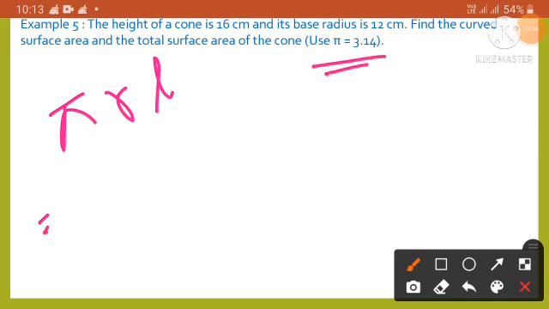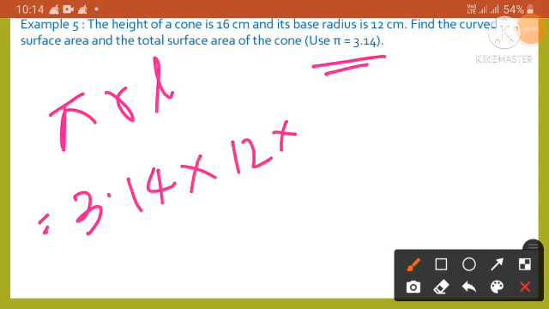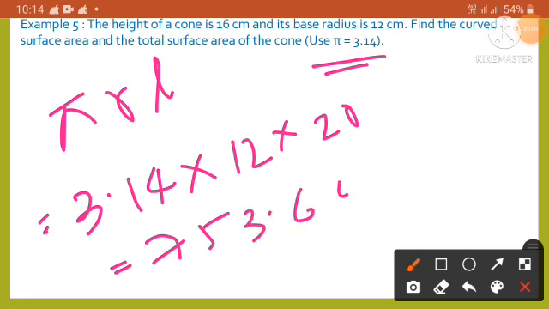Here pi equal to 3.14. So if we put the values, r equal to 12 and L equal to 20, we will get 753.6 centimeter square.